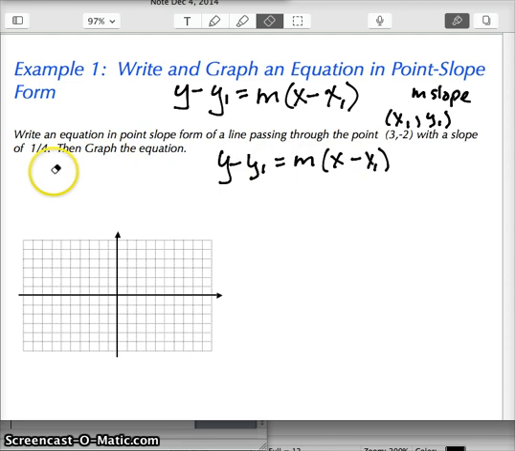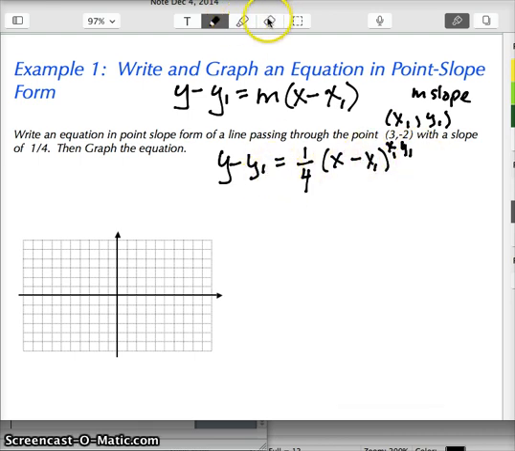The variable that we have a value for, first off, is the slope. So instead of having m here, I'm going to replace that with 1/4. And the other bit of information we have is this point. This term refers to x sub 1, and this one refers to y sub 1. So I'm going to replace 3 and negative 2 with my x sub 1, y sub 1.